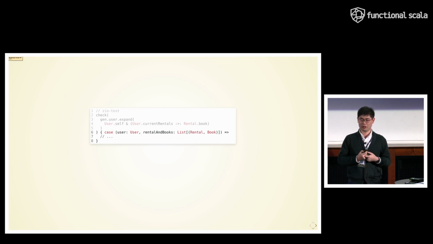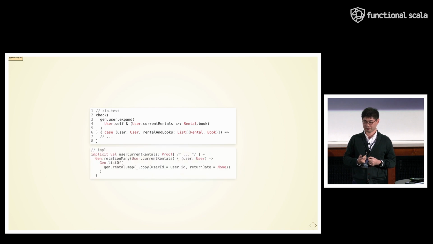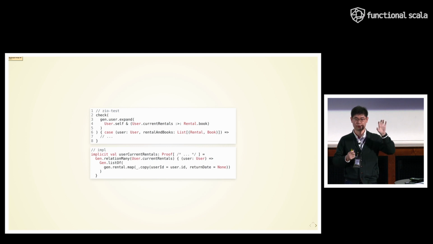There's also another benefit here, which is in the implementation of your relations, done not through ZQuery but for gen. When you generate the values, it has more context than just generating values from the nodes. You're generating values for the edges of a graph, so you have more information. Here you can see gen.relation many, and then you plug in the relation you want to implement.